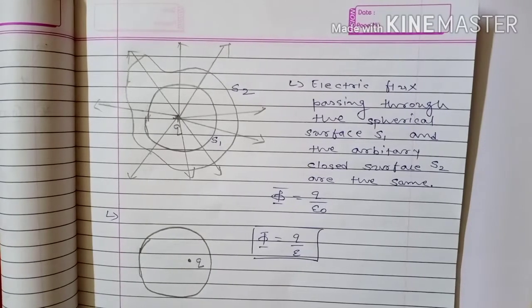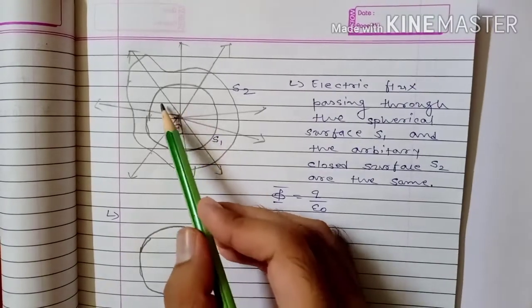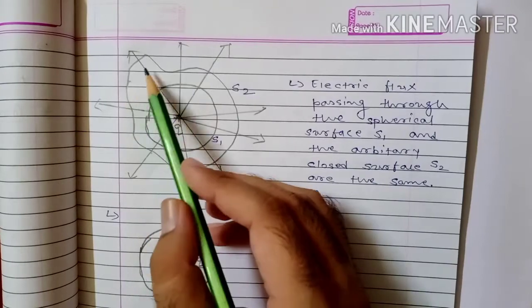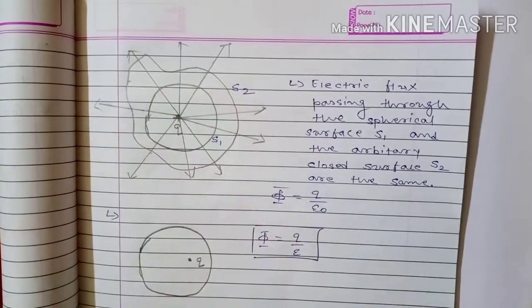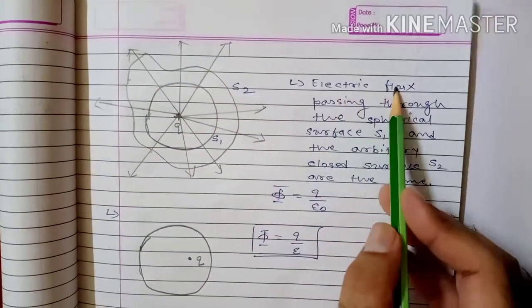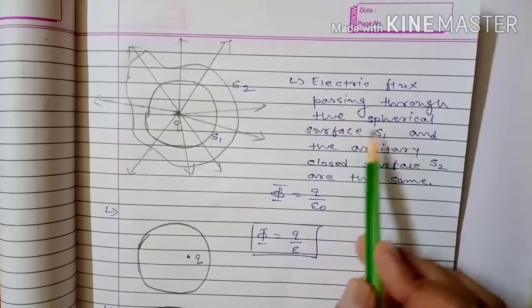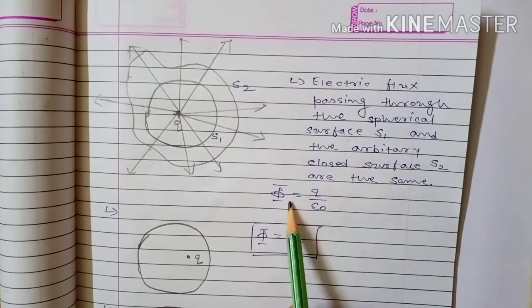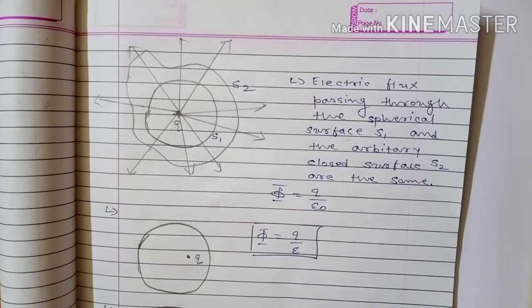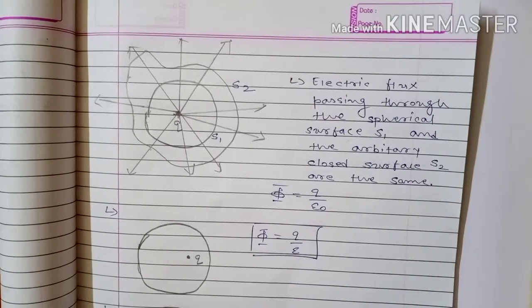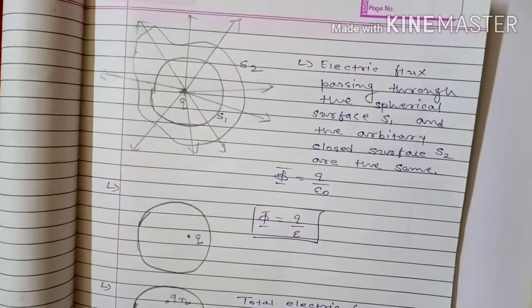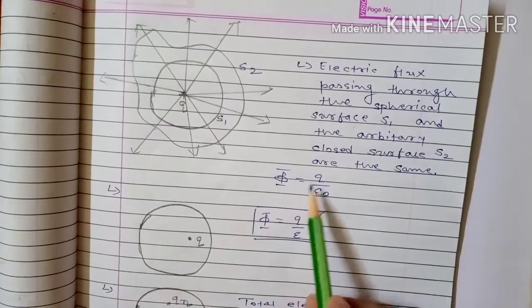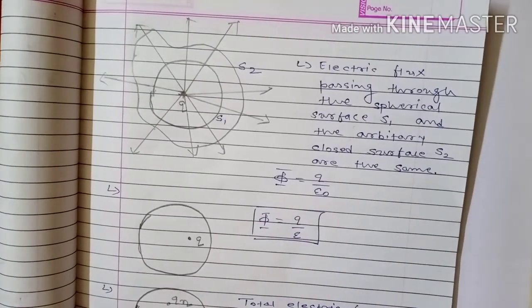Electric flux is directly proportional to the number of field lines crossing the surface. Here the number of field lines crossing the sphere and the number of field lines crossing this arbitrary surface are the same. Therefore we can say that the electric flux passing through the spherical surface S1 and the arbitrary closed surface S2 are the same. It means it is not necessary that we have to take a sphere only. You can take any arbitrary surface. Electric flux will remain q by epsilon naught.